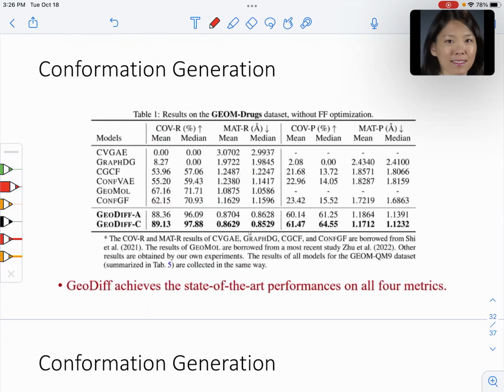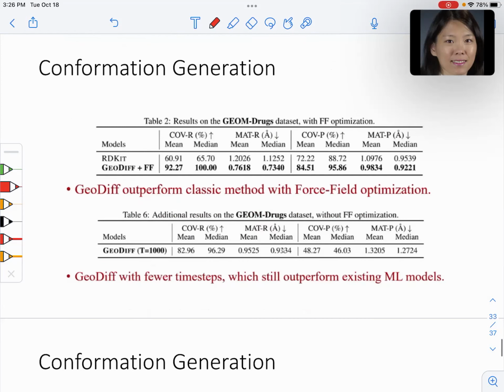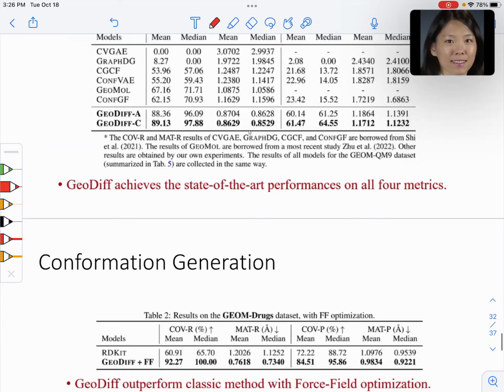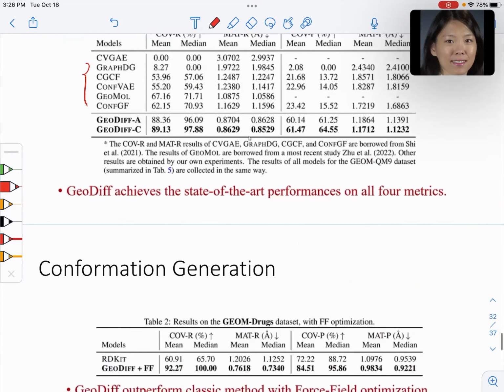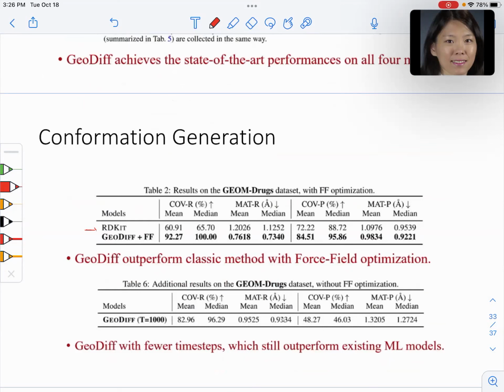And here are the results. In general, the proposed GeoDiff method is able to achieve state-of-the-art performance on all of these four metrics. This is the comparison with those machine learning-based approaches. And by comparing it with the traditional approach, it can still achieve better results, even with faster speed compared to the traditional non-machine learning-based approach.